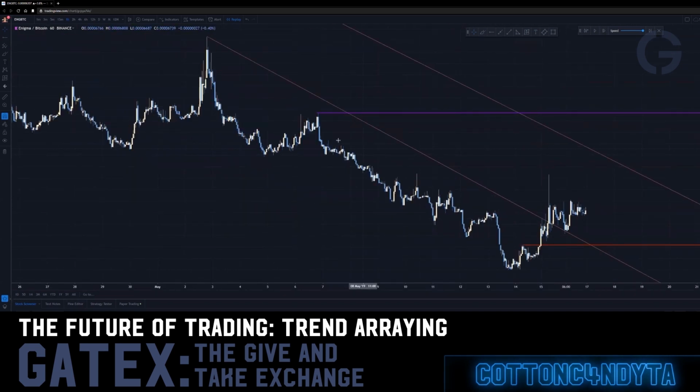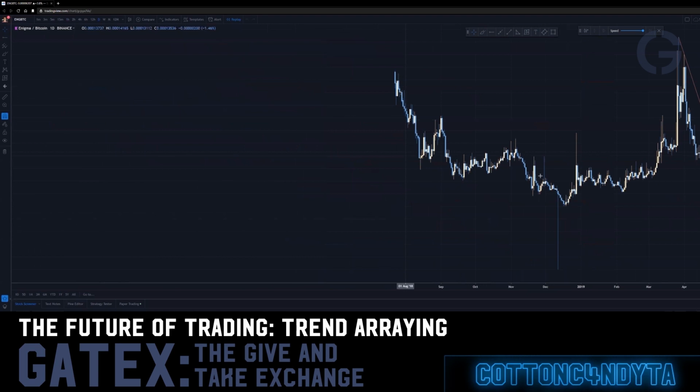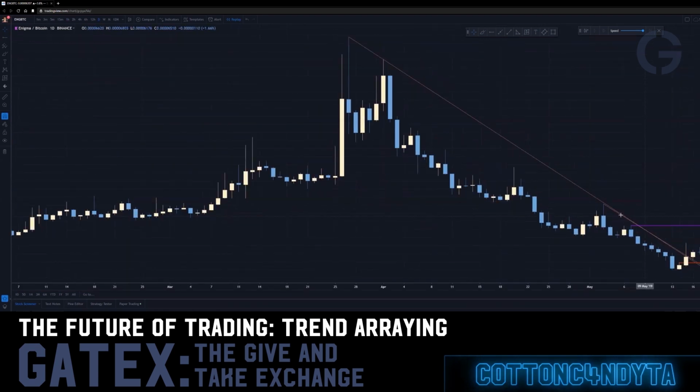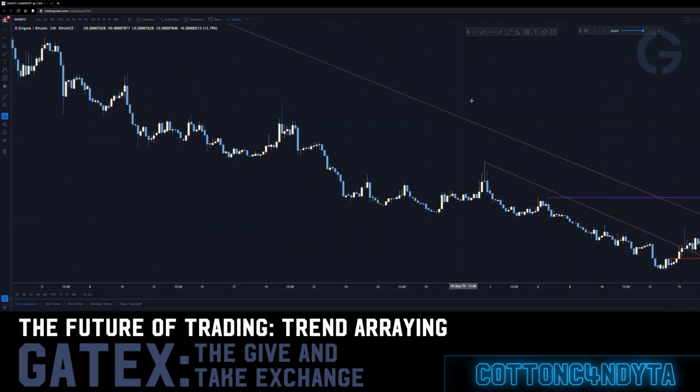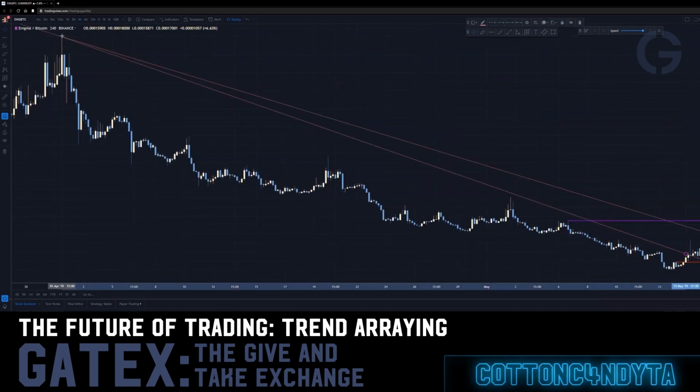So you will see something like this, but then if you were to actually go to the daily and do this properly, I guess I don't know what it was, the 4 hour here. Yeah, sure. If you would have done this properly from this swing to this swing, you would have seen the breakout much sooner.